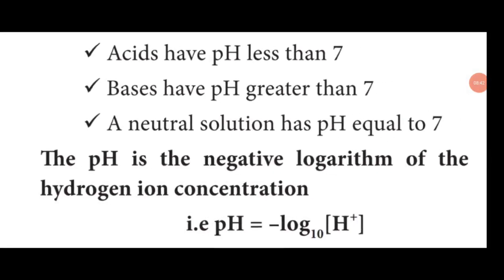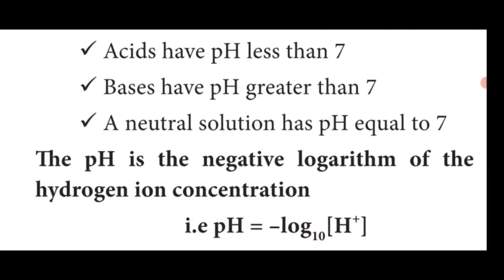What is pH? The pH is the negative logarithm of the hydrogen ion concentration.